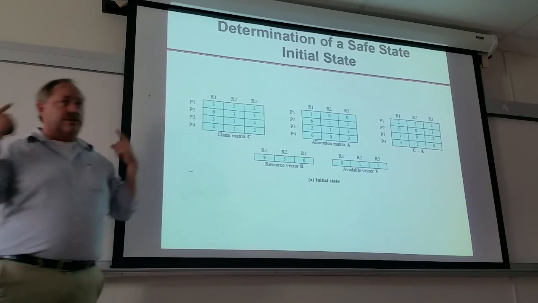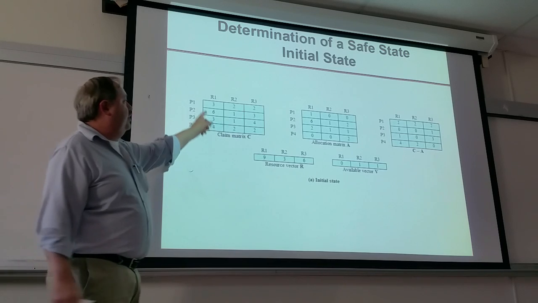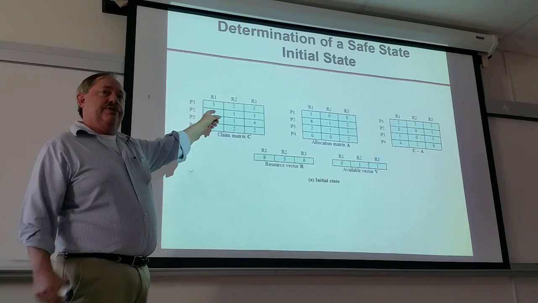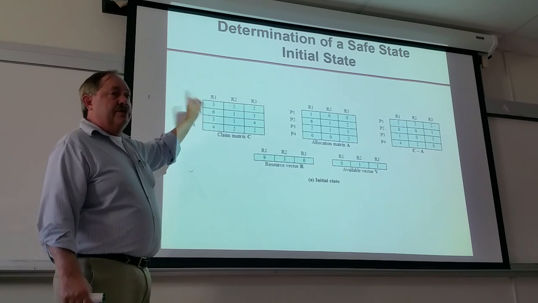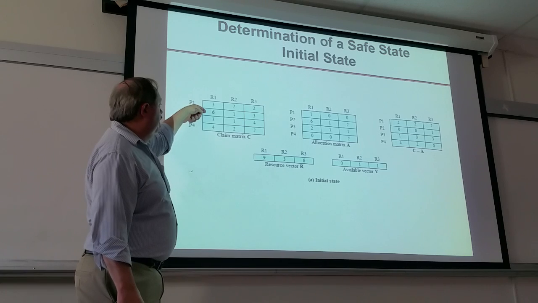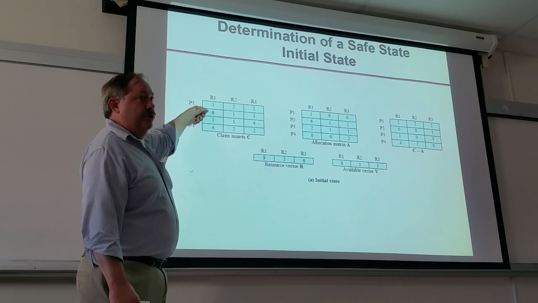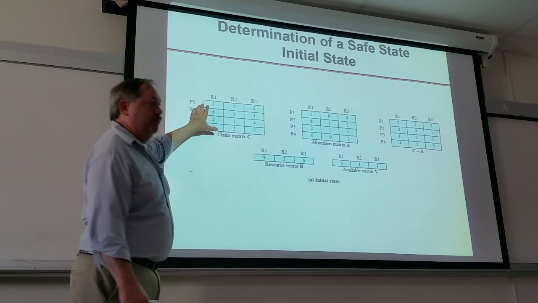Claim. This is the situation where we need to be clairvoyant about this process. How many of each type of resource is this process going to request at any given time, at most, over its life? This is how many of each type of resource each process is going to claim at most during runtime. That's claim, and it's static. Well, it's sort of static.